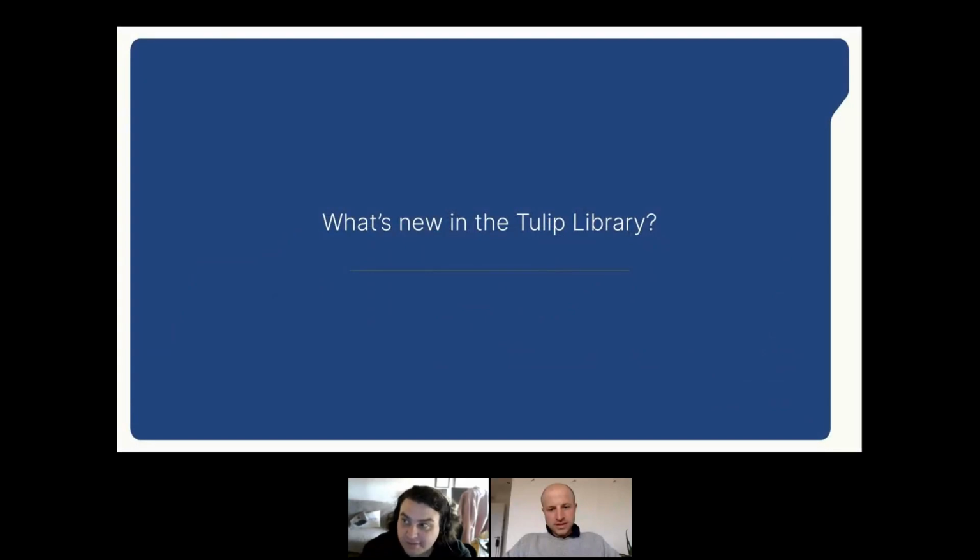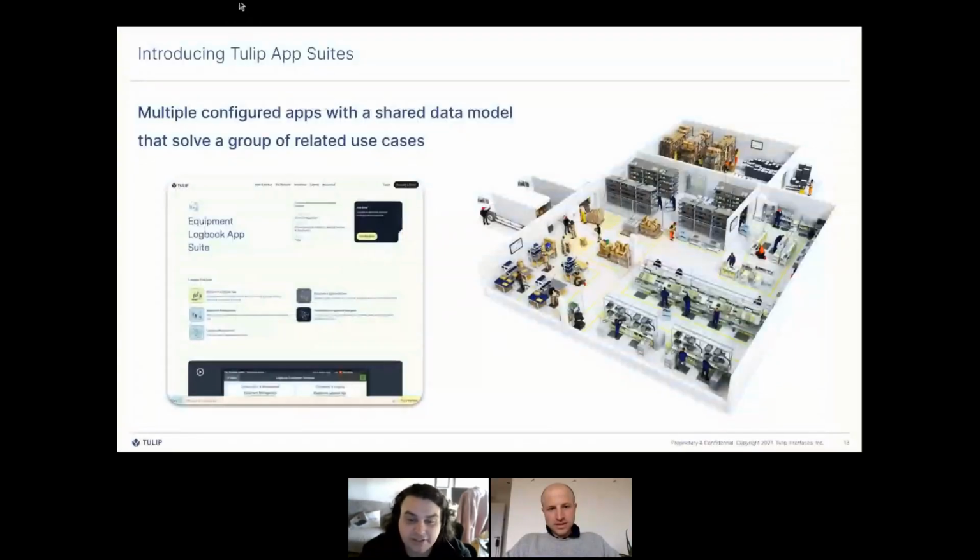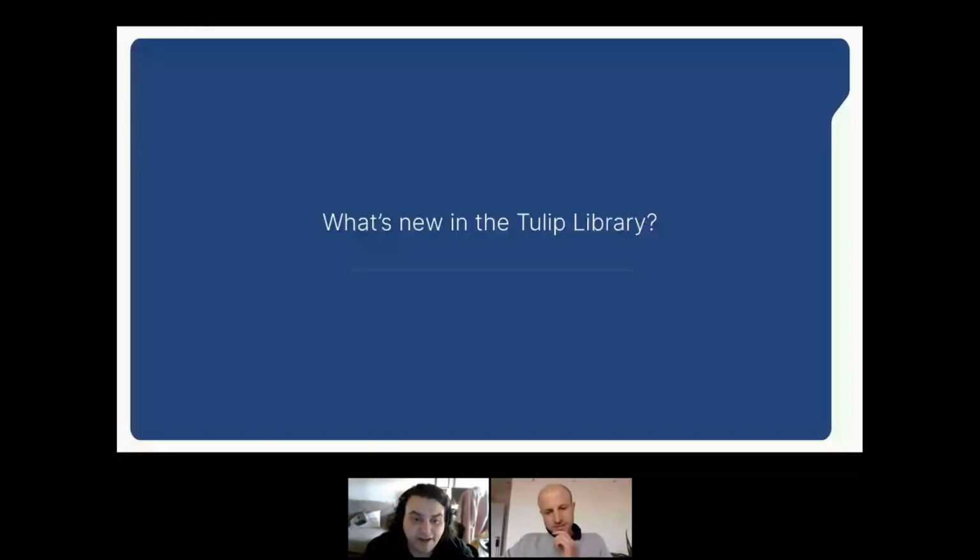So what's new in the library? On that topic of continuous improvement, if you're familiar with Tulip since January, you'll know that this is not the first time you're hearing about the library. We initially launched this in January.